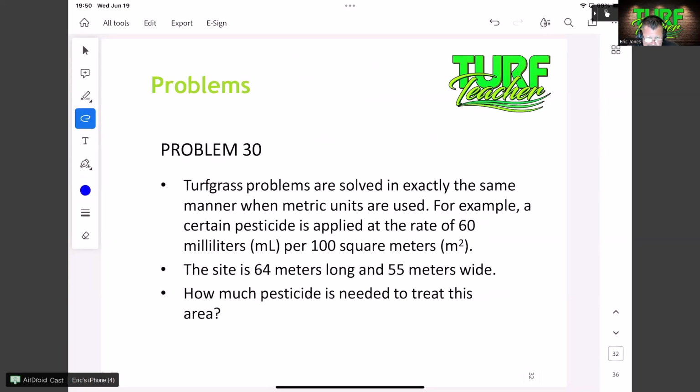30. Turf grass problems are solved in exactly the same manner when metric units are used. For example, a certain pesticide is applied at the rate of 60 milliliters per 1,000 square meters. The site is 64 meters by 55 meters wide.